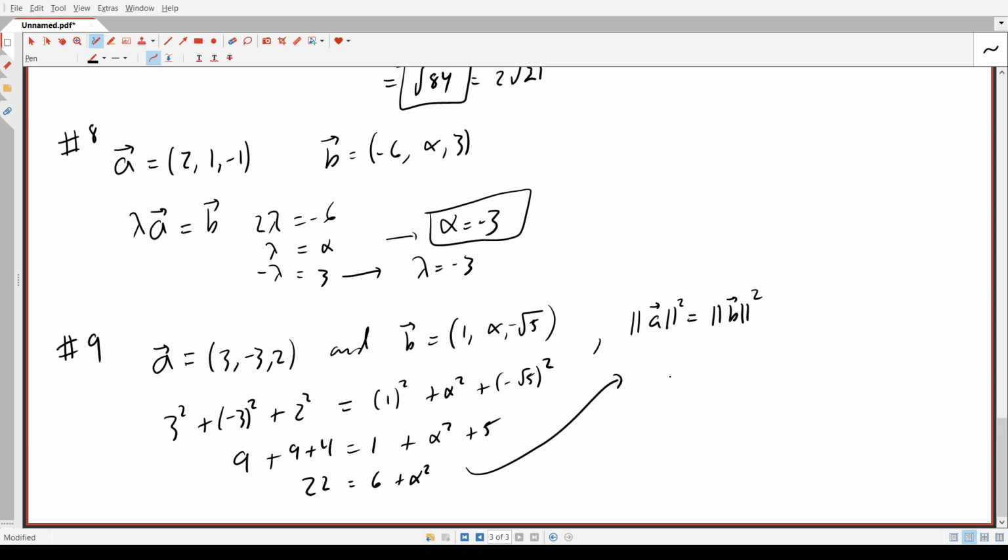Subtract 6 from both sides, and I have 16 equals alpha squared, which means that alpha equals plus or minus root 16. Alpha equals plus or minus 4. And that's my answer. Next question.